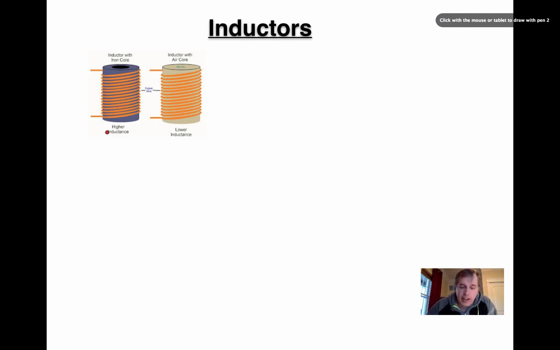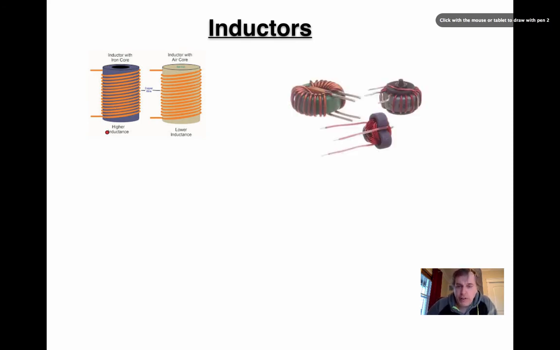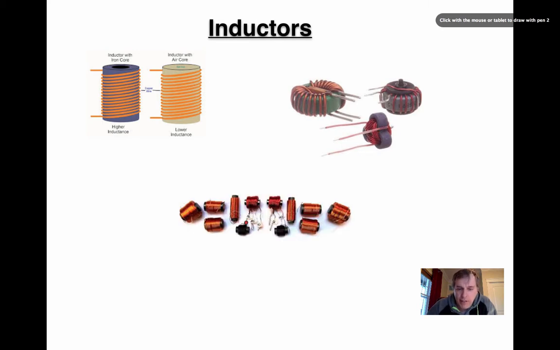In an actual circuit, it sometimes looks like this: wires coiled around a piece of iron, in this shape or these different shapes. So basically an inductor is just a wire that is coiled around a small structure several times.